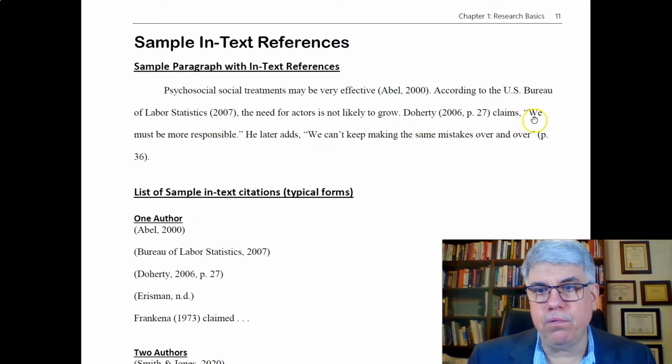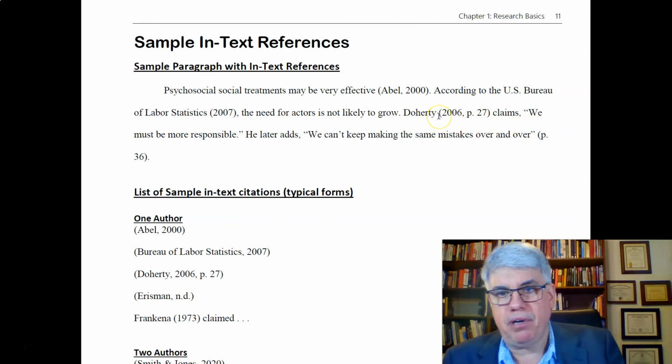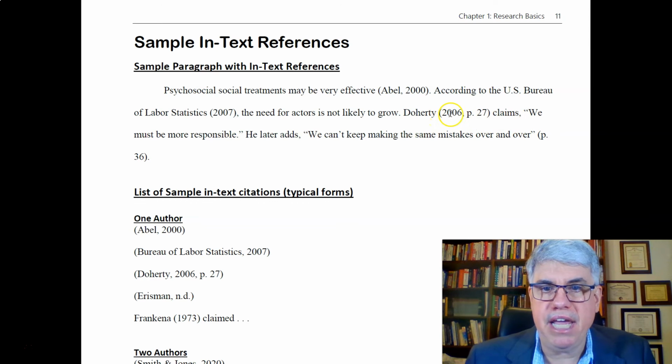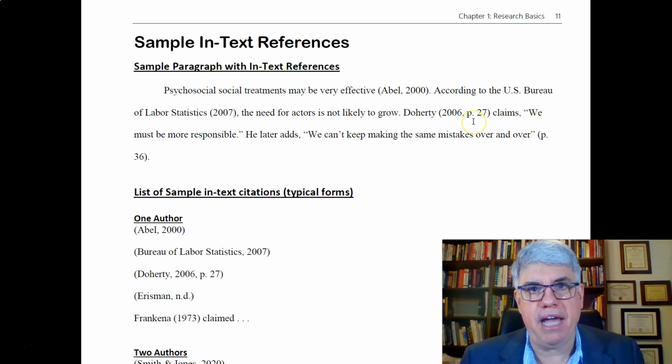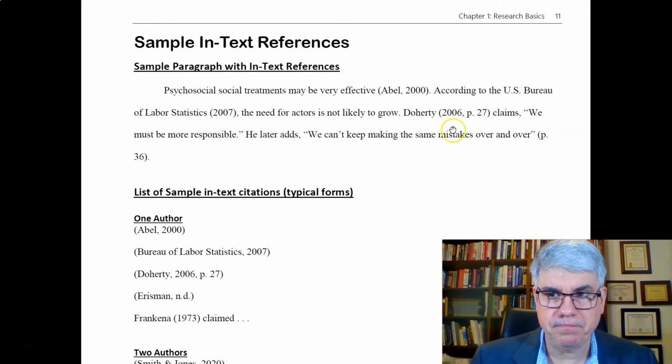And so here I've got a quote, we must be more responsible, that comes from, this is what Dougherty said. So the author's name is in the main text, so it doesn't need to be in the parentheses. So I have to put the date, but I also have to put the page number because it's a direct quote. Whenever you've got a direct quote, you've got to have the page number for it.